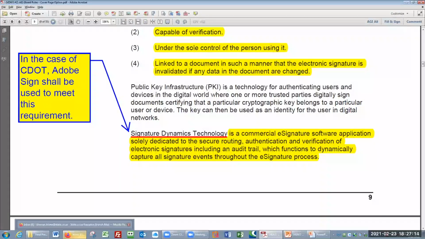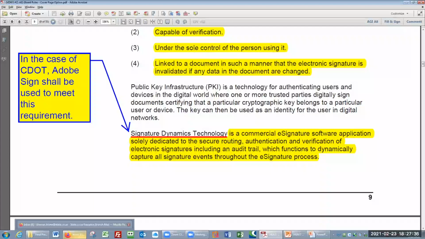The bottom line is the key can be used to identify the user in digital networks. It's old, so all the systems use it, but there are some shortcomings, which we're not going to get into. It's pretty far into the weeds, but there are some shortcomings to using only public key infrastructure as the technology for authenticating users and the devices they use.